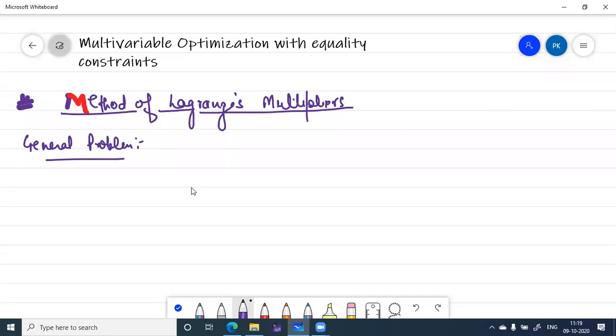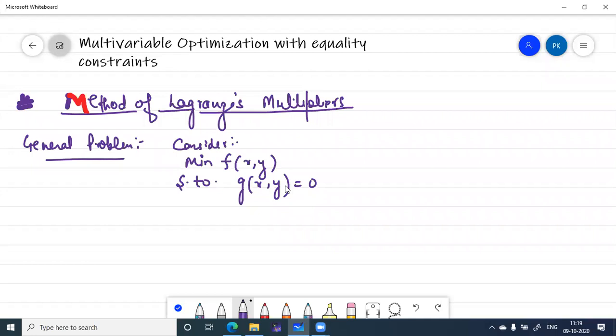Suppose we have an objective function in minimization form, f of x and y, subjected to the constraint, and it must be an equality constraint, say g of x, y equals 0.